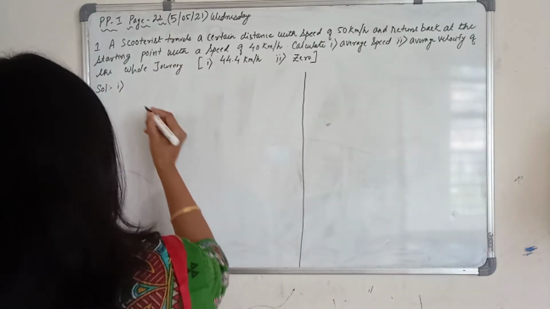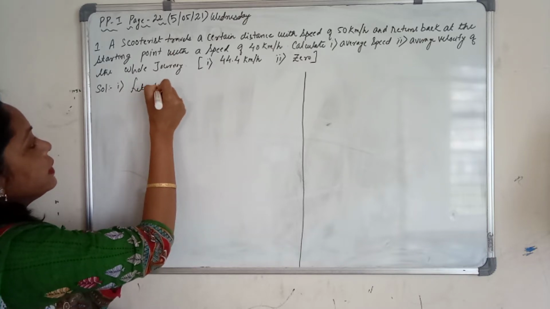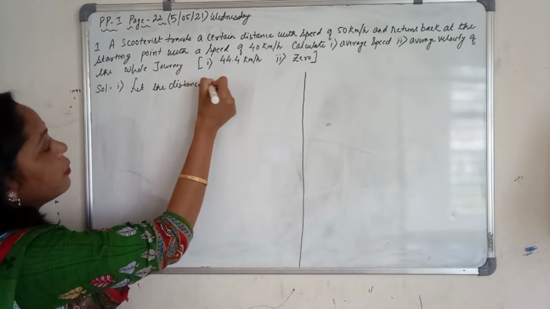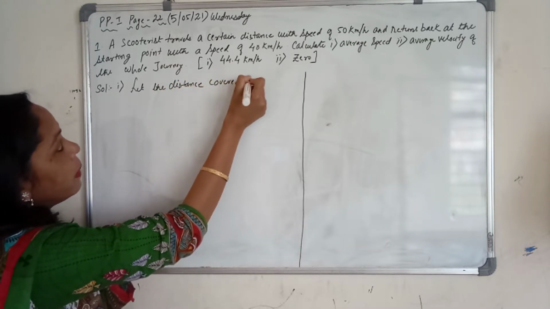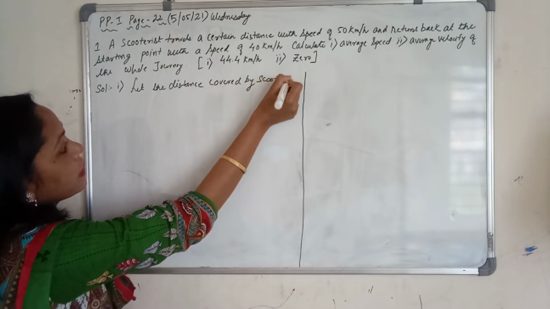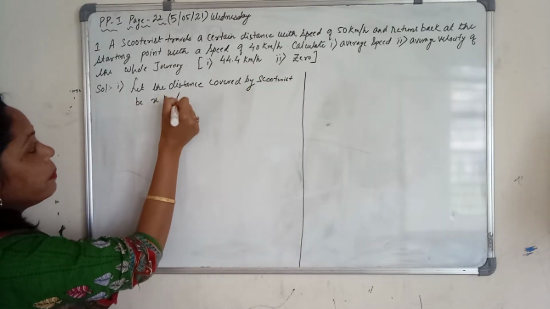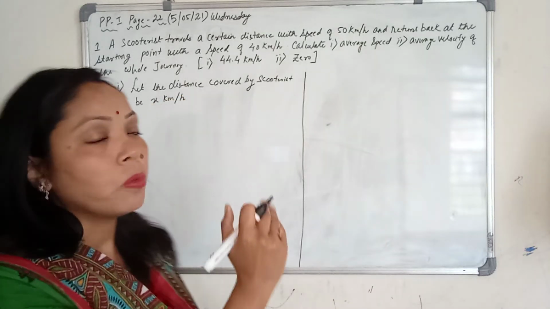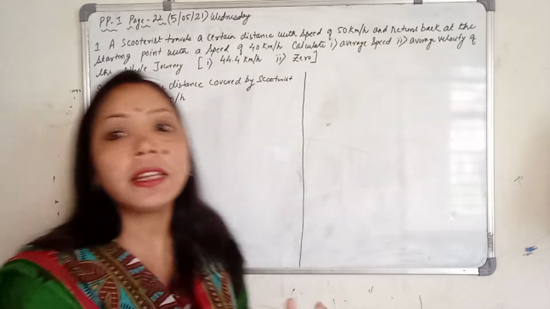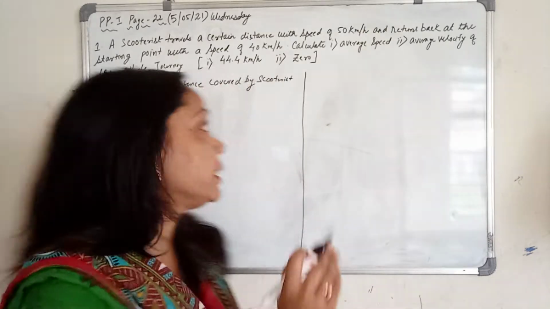So let's start solution number 1. Let the distance covered by the scooterist be x kilometer while going. Now when he returns back, again he covers distance x kilometer.